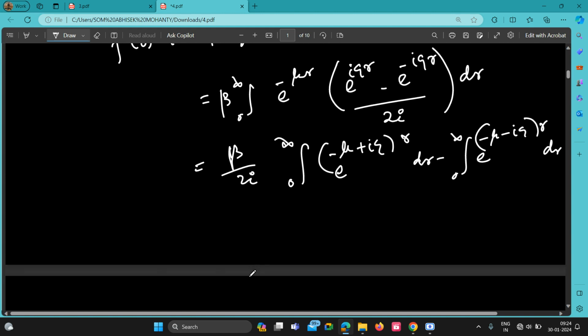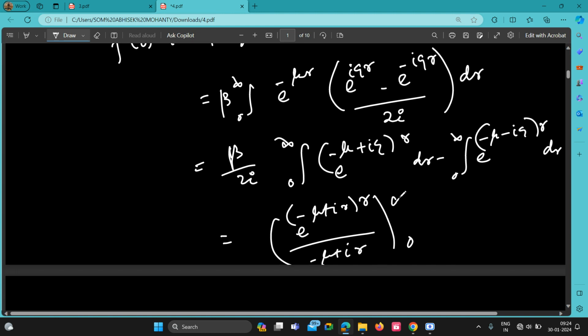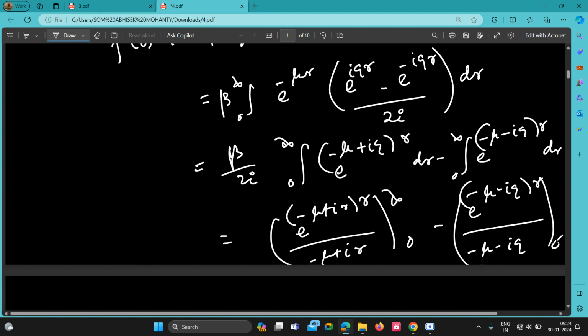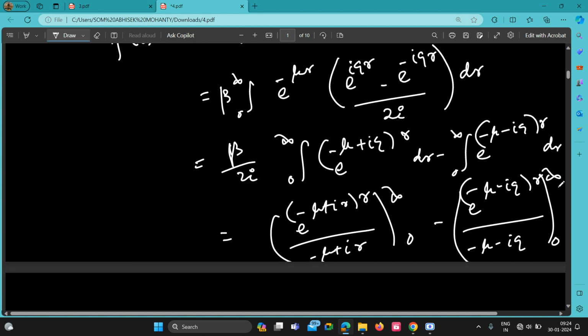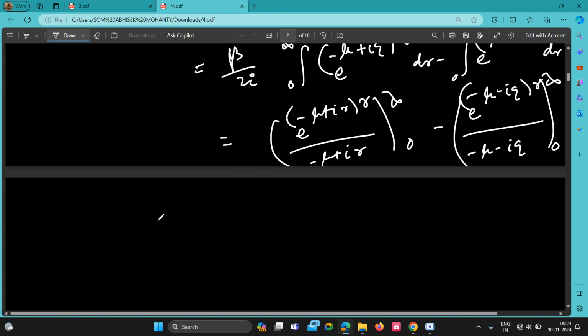Okay, so leave β/2i. It will be e^(−(μ−iq)r) divided by −(μ−iq), from 0 to infinity, minus e^(−(μ+iq)r) divided by −(μ+iq), from 0 to infinity. Now we can put infinity in place of r, right?